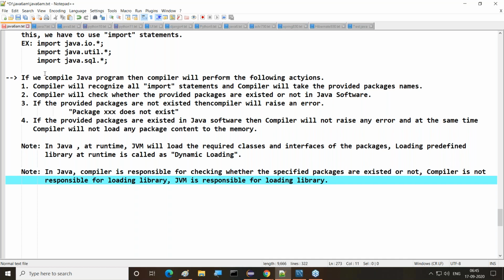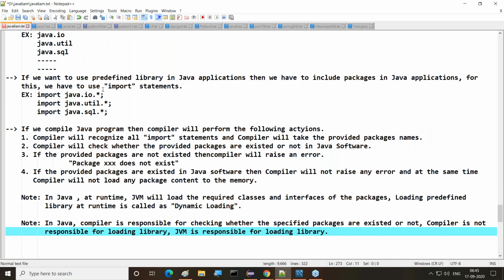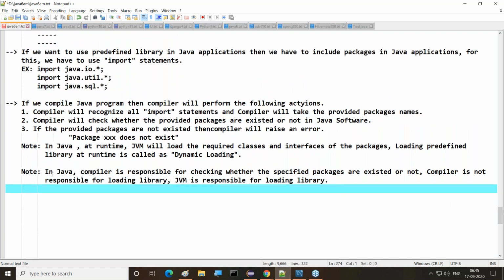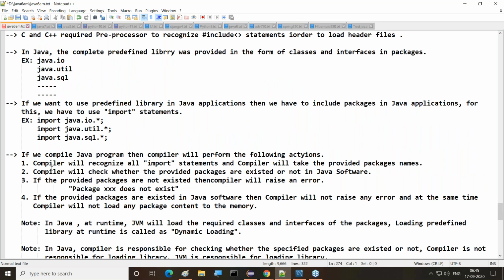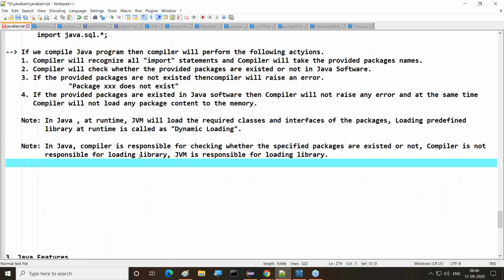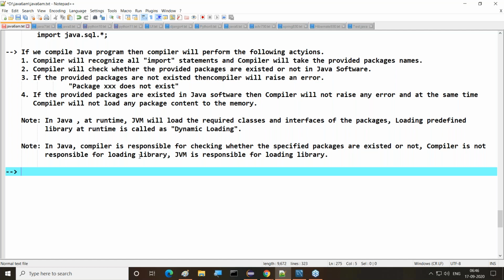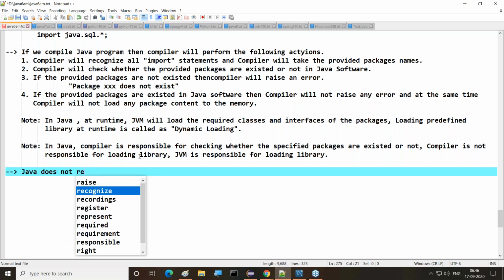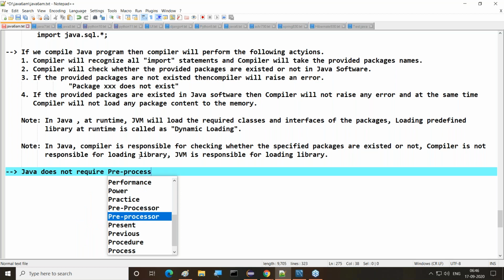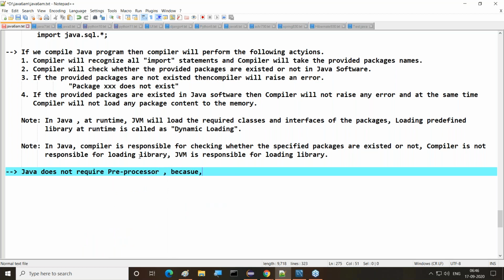Now, this is the overall information about what's going on in the case of Java. Now coming to the conclusion. What is the conclusion? Java doesn't require preprocessor. Why?